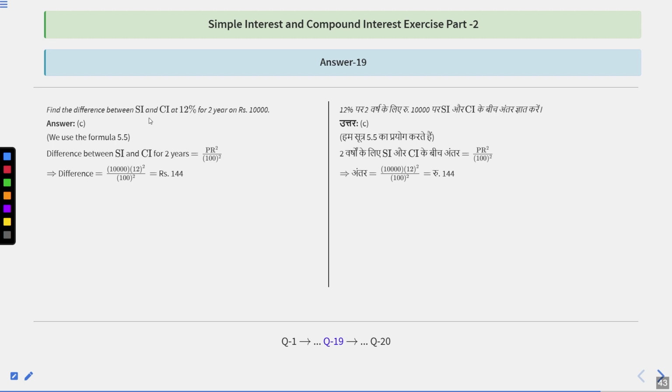The question says the difference between CI and SI for 12% per annum for 2 years. So we know the formula for the difference between compound interest and simple interest for 2 years, which is PR square upon 100 square. So we just put the values, 10,000 into 12 square upon 100 square. So we get 144 rupees. C is the correct answer.